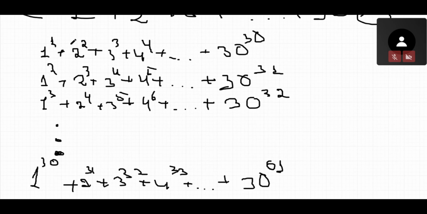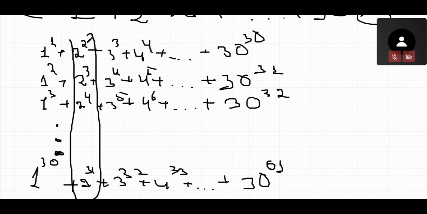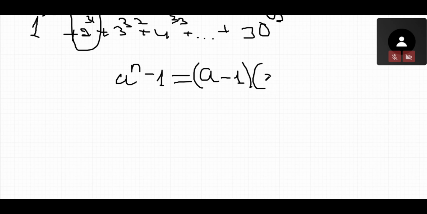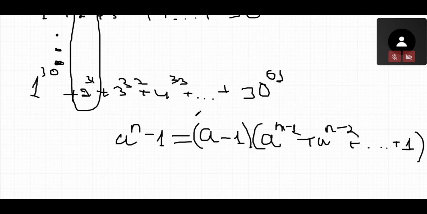Okay, let's take one of these groups and sum them. Firstly we need to know such a formula: a power of m minus 1 equals a minus 1 multiplied by a power of m minus 1 plus a power of m minus 2, and it will go like that until plus 1. Firstly we saw there is 2 power of 31.